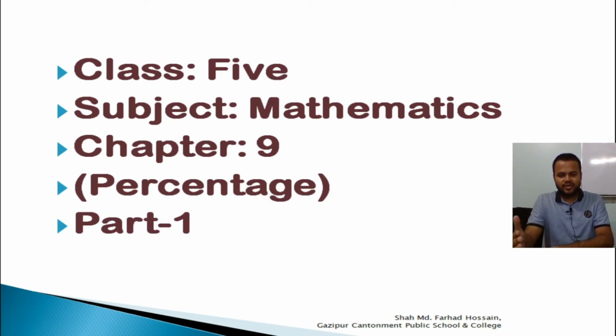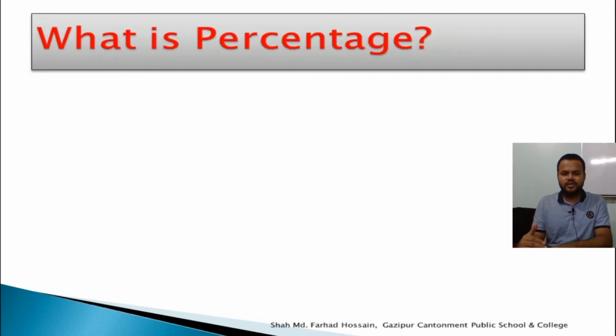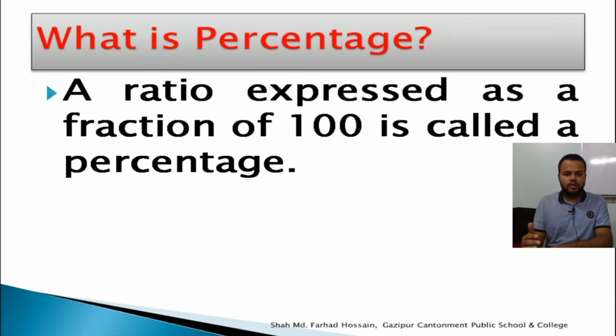So let's start. In this chapter, we learn about percentage, and also how to calculate profit and loss. At first, start with percentage. What is percentage? Let's learn the definition.